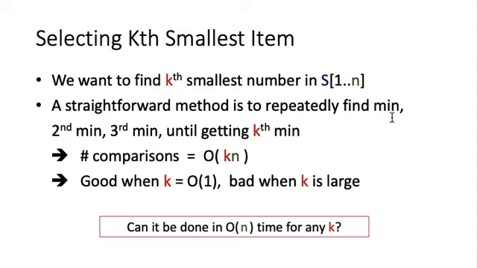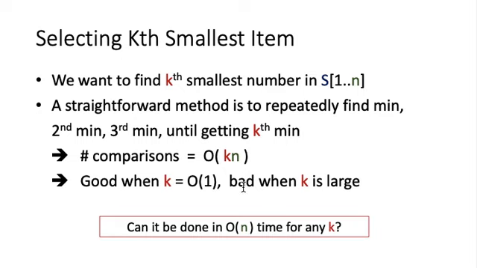We find the first smallest item, remove it, find the next smallest item, remove it, and so on. After doing this k times, we will be able to find the kth smallest number.